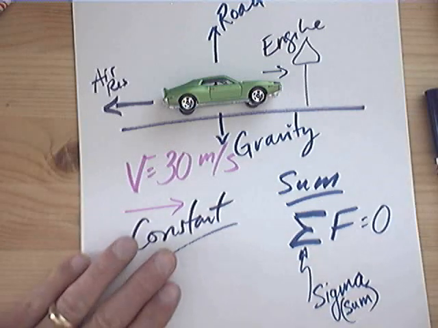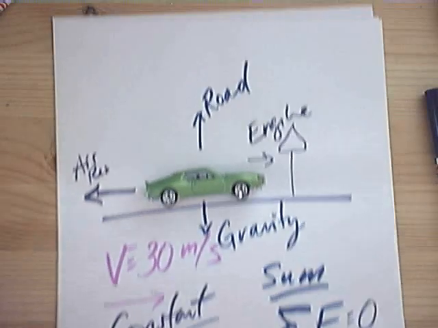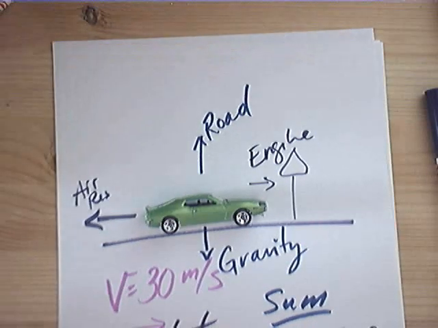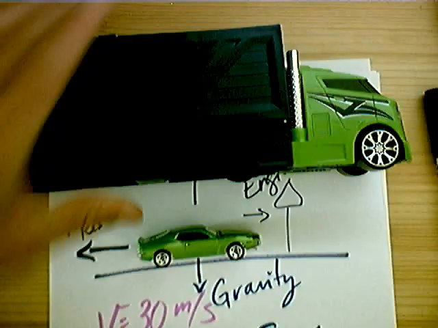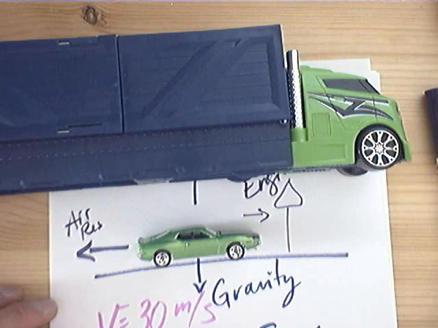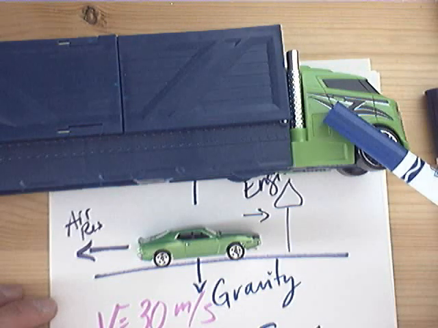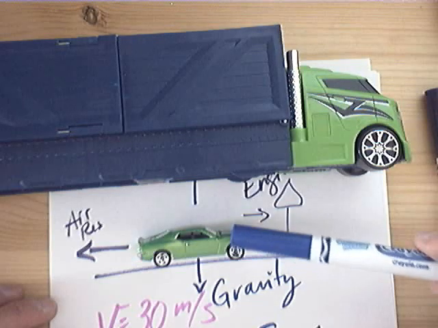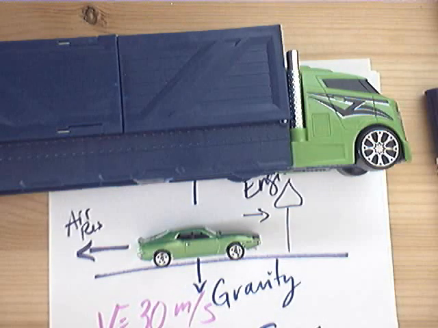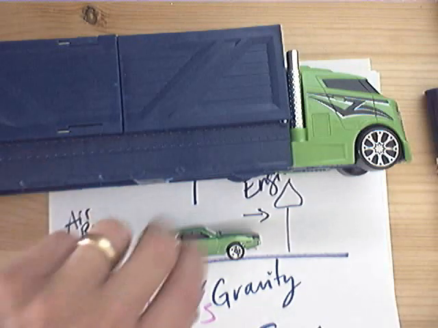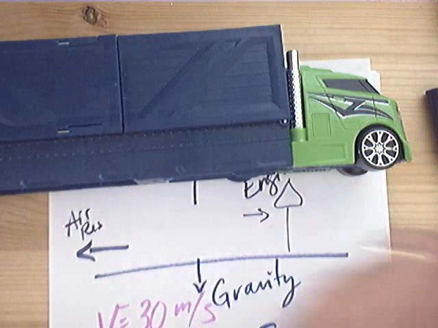But some things are harder to push than others. This car's pretty easy, but this truck's going to be a whole lot harder to move. Why is this one so much harder to move than this one? Why does the velocity of that truck change so much less than that car's? Let's take a look. All right, let's push this one out of the way.